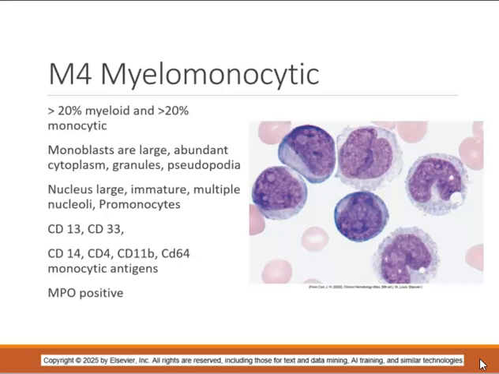You have a little bit of granulation, multiple nucleoli present, but the monocytoid kind of look to that nucleus. Again, the CD markers are there, 13 and 33, but now we're seeing the monocytic antigens popping up, which are 14, 4, 11B, and 64. And it's myeloperoxidase positive also.